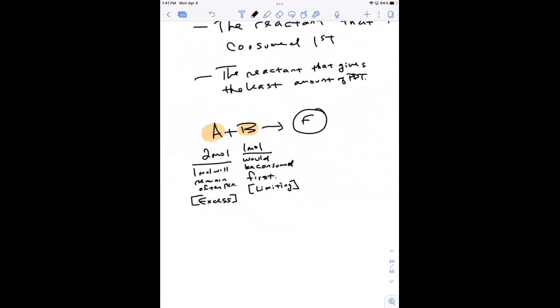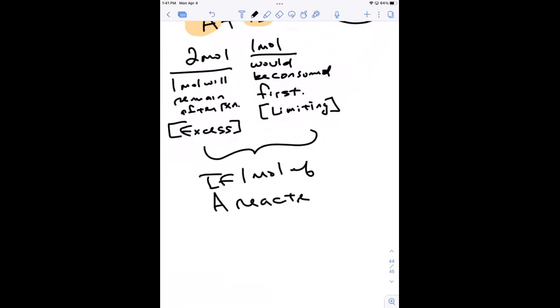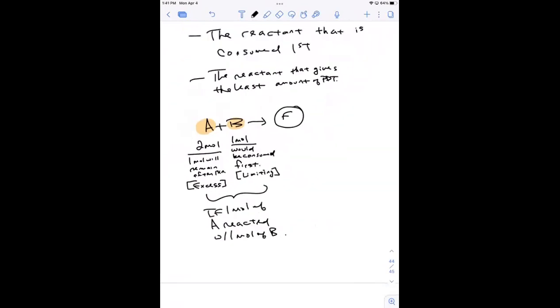If one of those is your limiting reactant, the other one by default is the excess reactant. So if 1 mole of A reacted with 1 mole of B, you will get 1 mole of F with 1 mole of A left over. So one is limiting, one is excess.